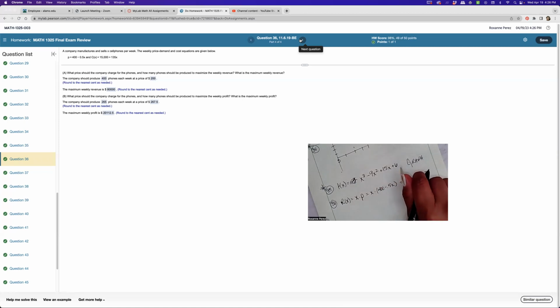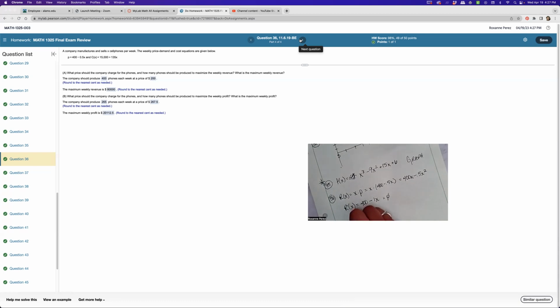We can do this on the calculator, or we can take the first derivative of our revenue function. So R prime of x equals 400 minus 1x. We're going to solve for x when this is set equal to 0. We're maximizing our revenue. So 400 equals 1x, so x equals 400. That's how many units we should produce in order to maximize our revenue.